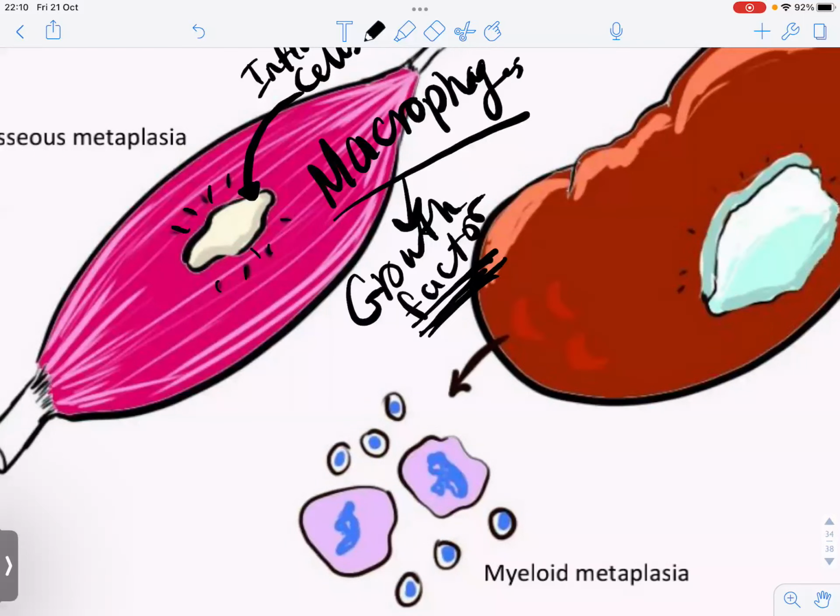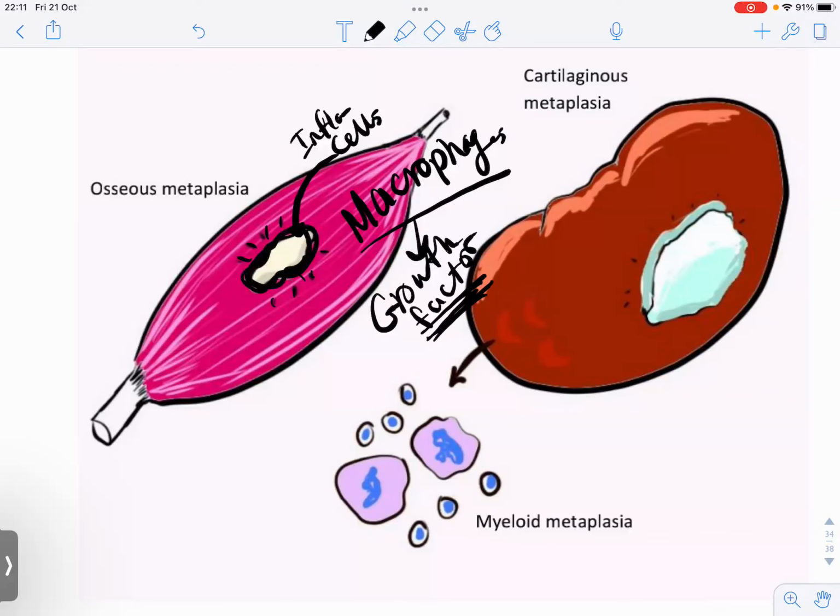And after some time, when you make an x-ray, you will find some bone formation inside your muscle. In love of God, please tell me, can this bone tissue come back normally into muscular tissue? Of course, no.